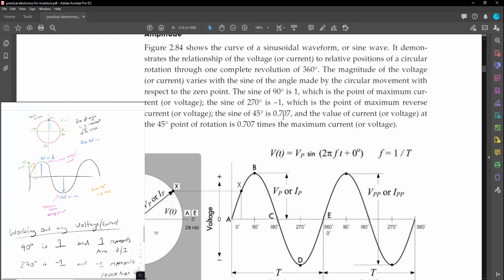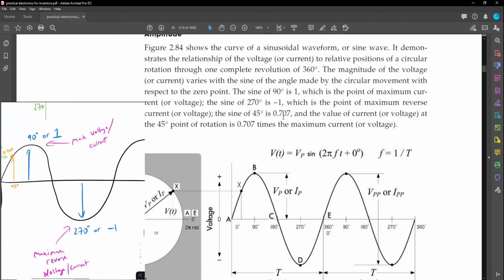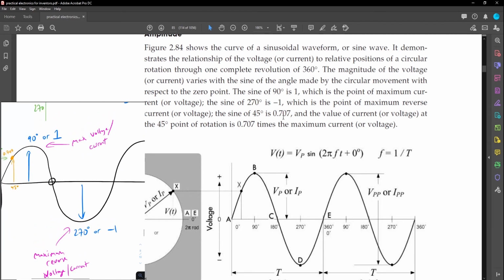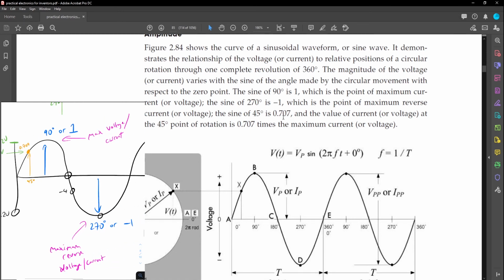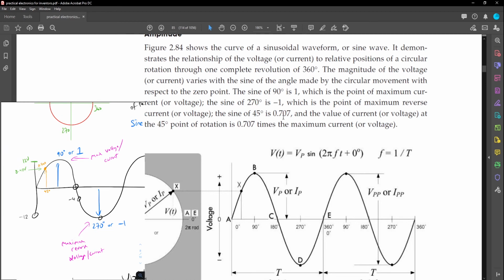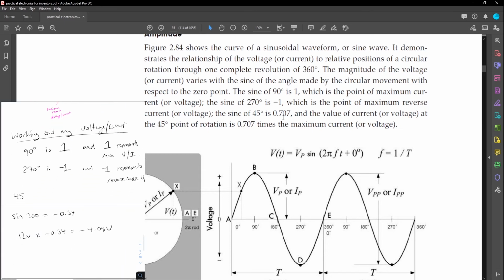And how does that relate to here? So this is 180, this is 270, so 200 would be probably about here. That would be minus 4 volts, and that would make this minus 12. That's about right as well, actually. Yeah, that's right.